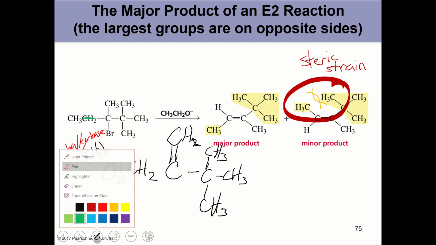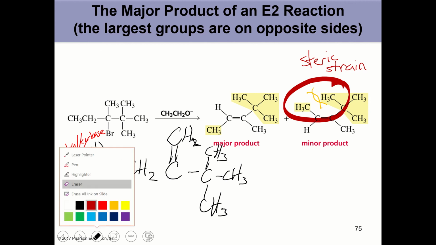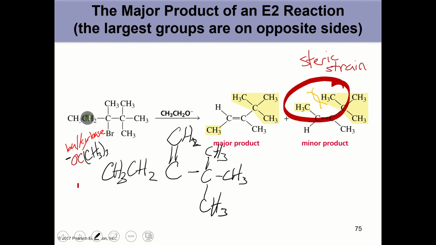Whoops, I need the highlighter. So we have our secondary beta carbon and a primary beta carbon. Those are our only 2 options for forming a double bond.